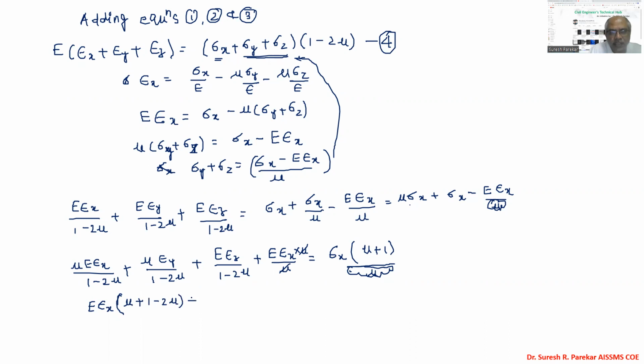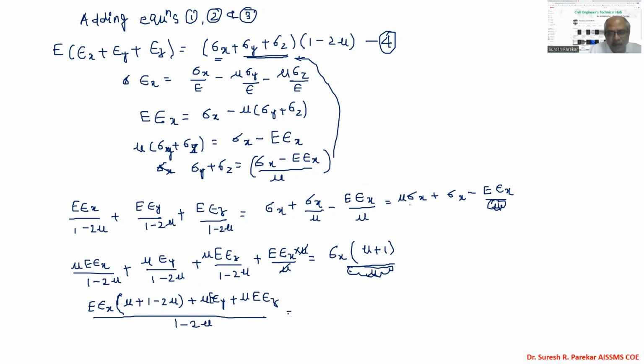Then we have plus, now I will take 1 minus 2 mu common. So mu E epsilon y plus, here also mu that was forgotten, so mu E epsilon z, and then we have upon 1 minus 2 mu.